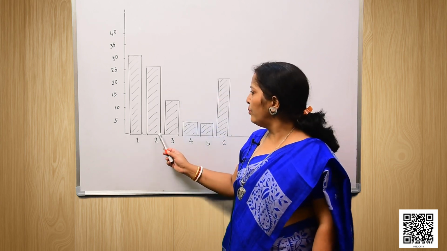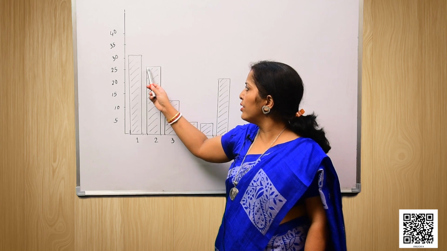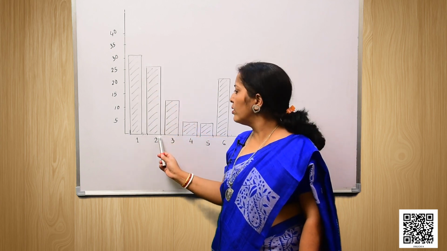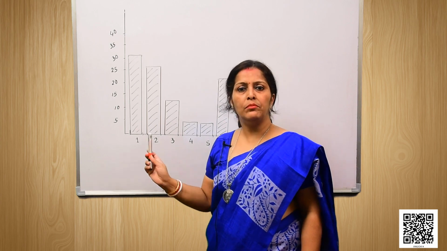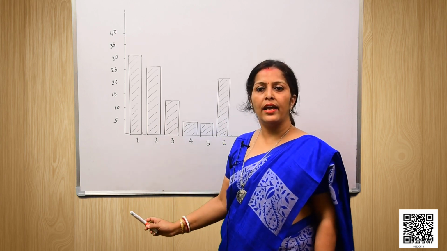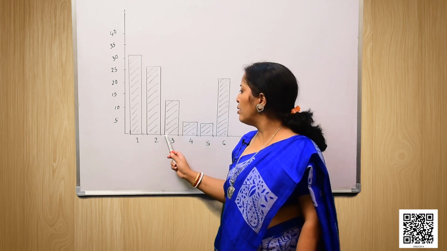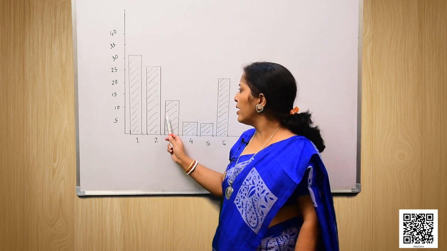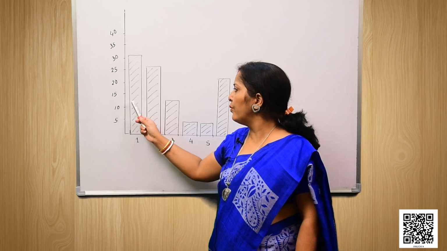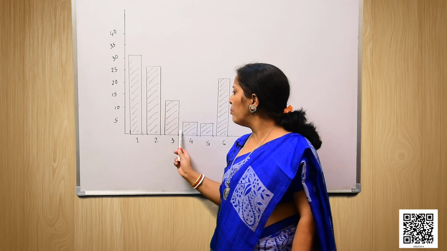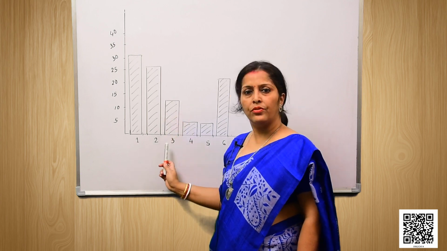So for number 2 we have drawn the graph up to the point 25.4 and then came down on the last limit of 2. Number 3 is injuries, and the percentage is 12.4. So along with the number 3 we have drawn the line up to the point 12.4 along the vertical line. So this is our bar diagram for number 3.